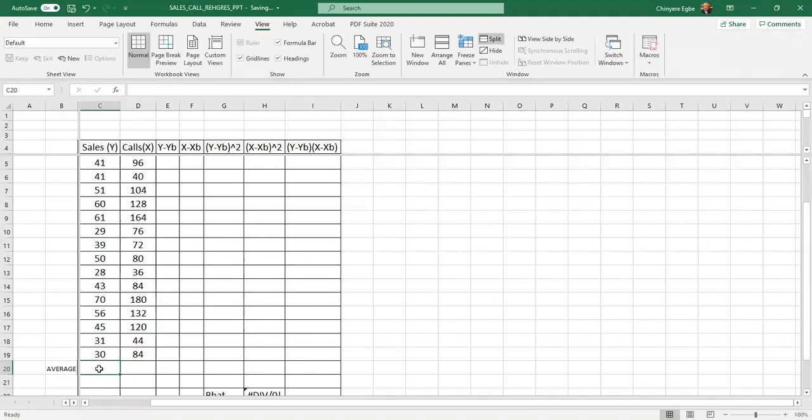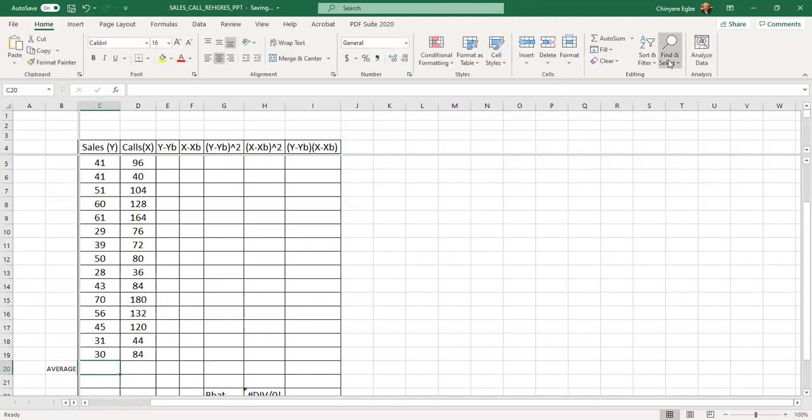So the average of the sales is called y bar, or the sample mean. We're going to find the average of the sales calls.